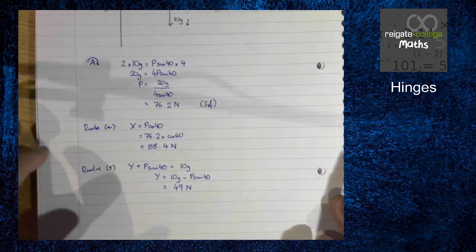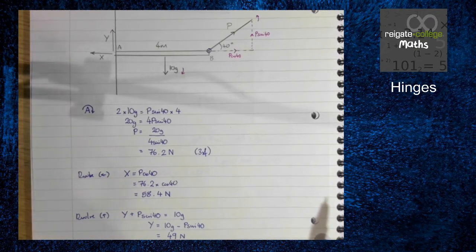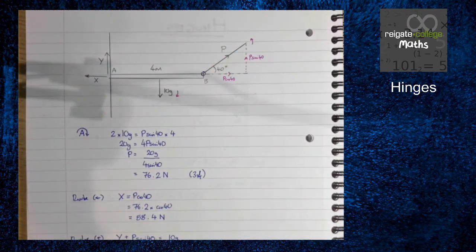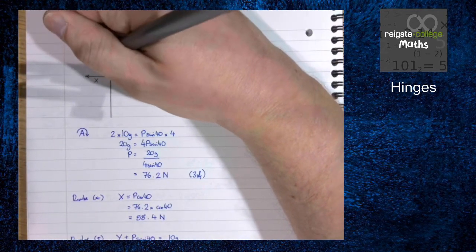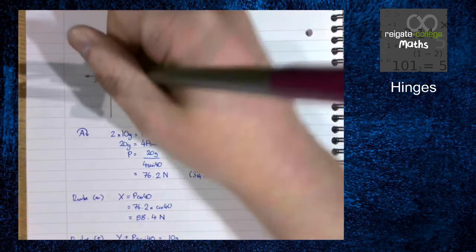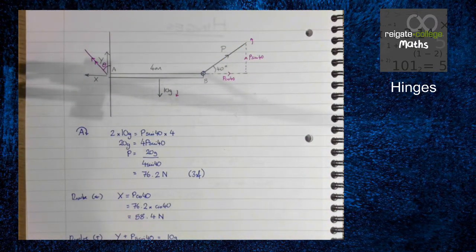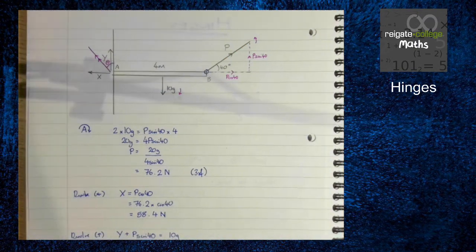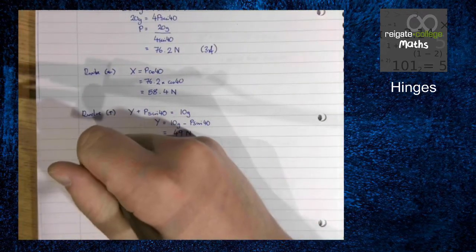So now we've found the values of P, X and Y. What we're going to do is find the magnitude of the resultant force and the angle it makes with the wall. So looking here, the resultant force is going to be in this direction, and the angle we're interested in is that. But again, finding the magnitude is exactly the same as what we just did.